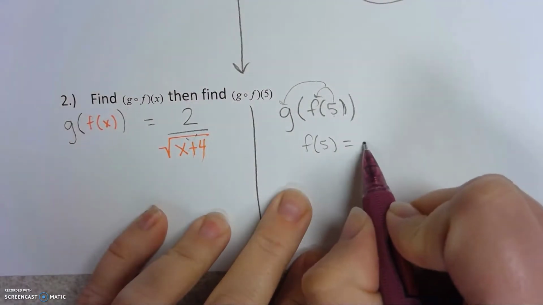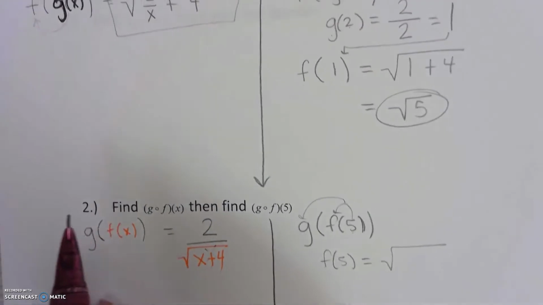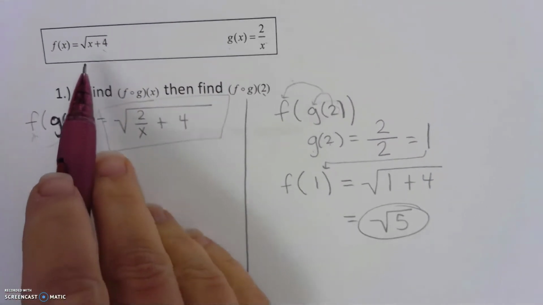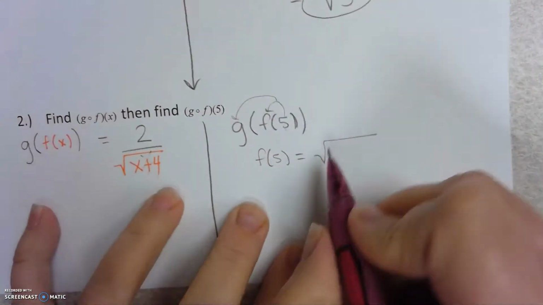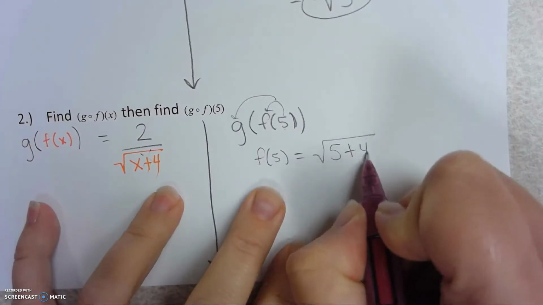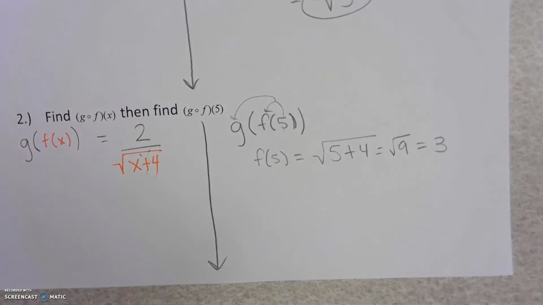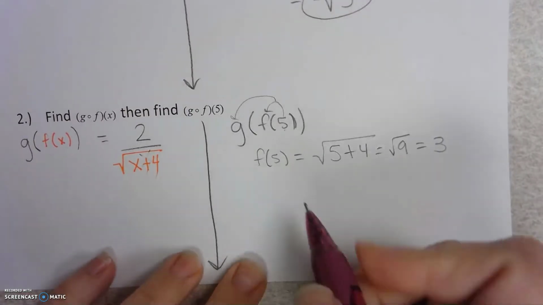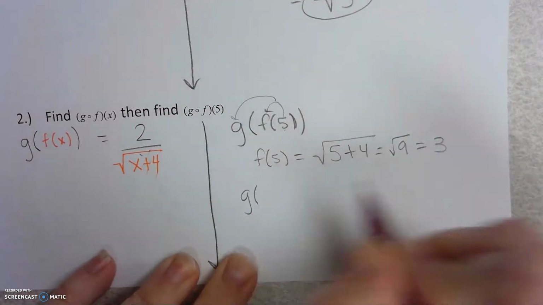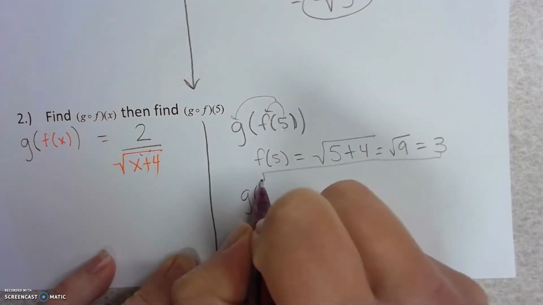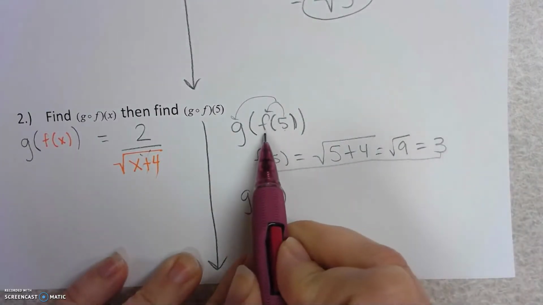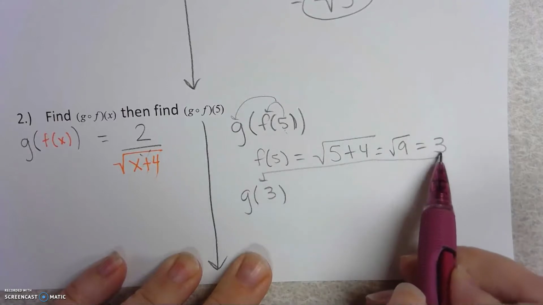So I'm going to plug in 5 in place of x inside of f, and here it is right here. So we're going to say 5 plus 4 is 9. And the square root of 9 is 3. Then I'm going to find the value of g when x is 3. So I found the value of f of 5 to be 3.